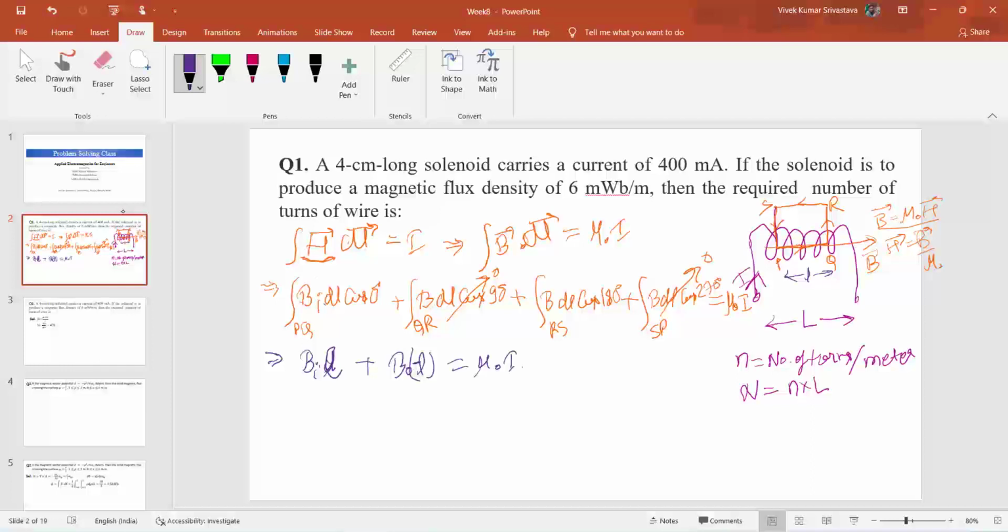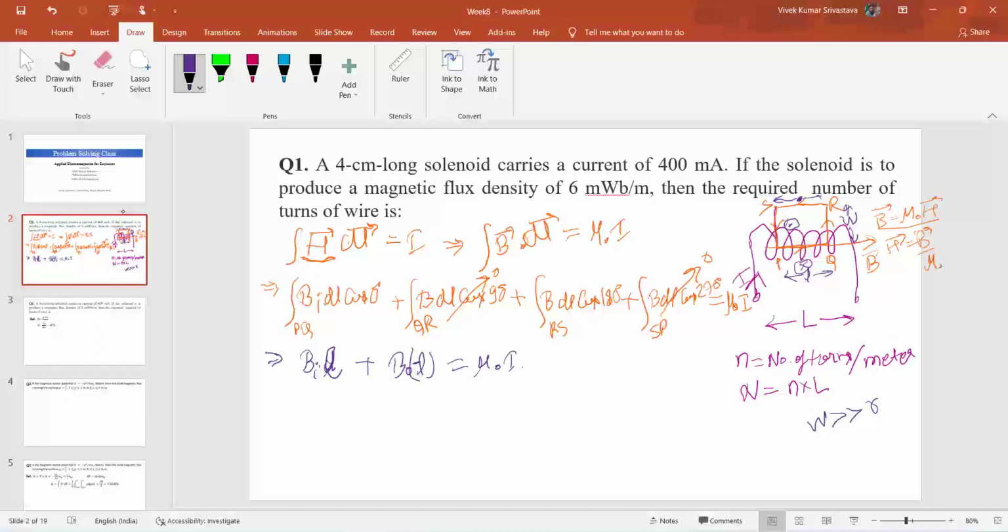Now we have to see here that if the width of this Amperian path is greater than the radius of this solenoid, and suppose the current flowing in this solenoid in the upper side is out of the plane, whereas for the lower part of the solenoid the current is inside the plane, then the net field along this path will cancel each other out.